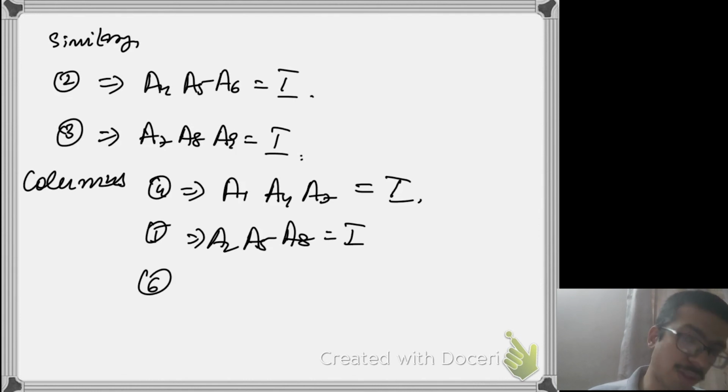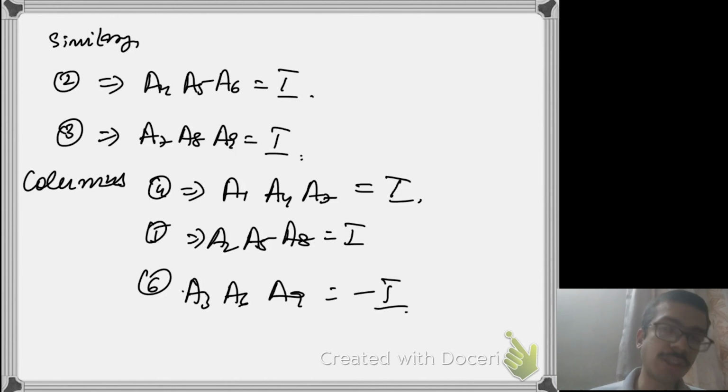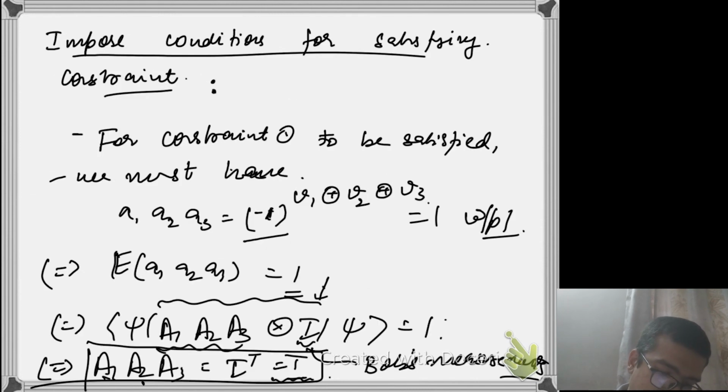And for column 3 now, this is slightly different. Here we will get A3, A6, A9 to be minus identity, right? Because here the variables sum to 1 modulo 2, and then minus 1 to the power 1 is going to be minus 1.